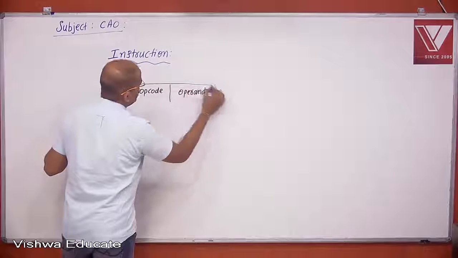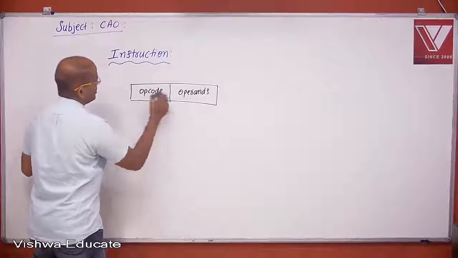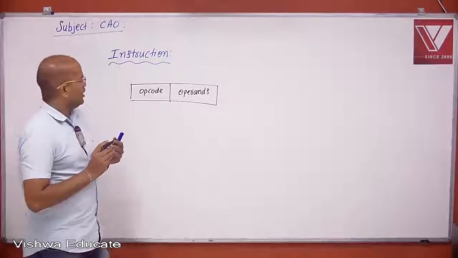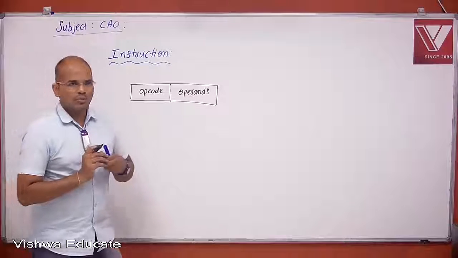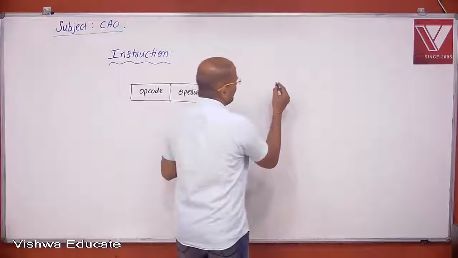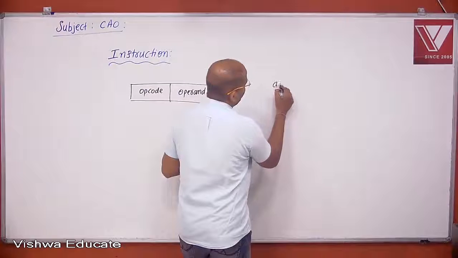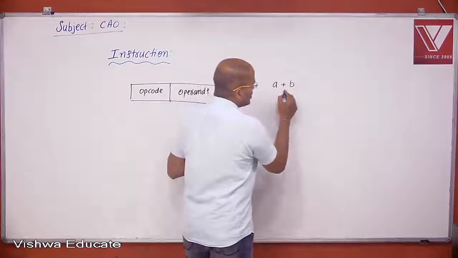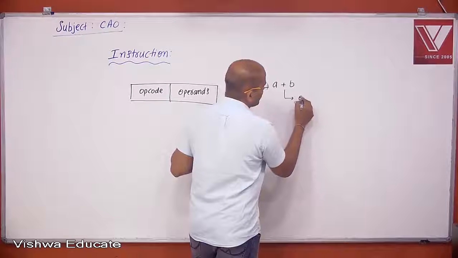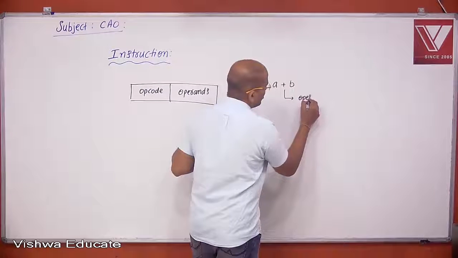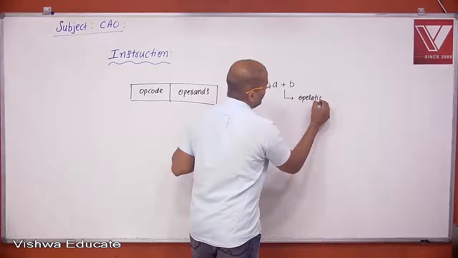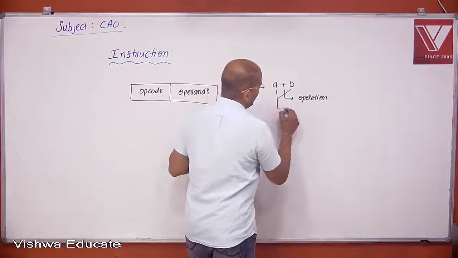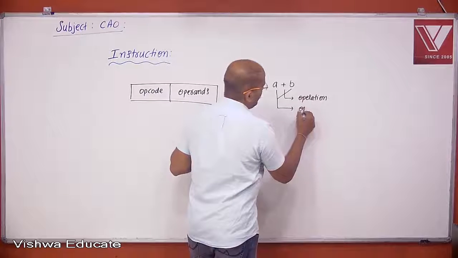The basic structure of any instruction will be opcode and operands. Now, what is opcode? What is operand? If I speak about A plus B, here plus is the operation being performed, and A and B are the operands.